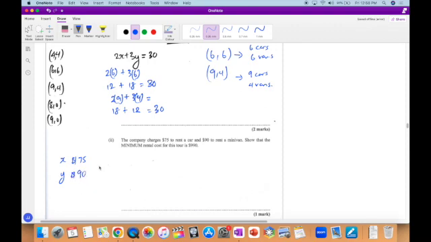So that means $75 per vehicle plus $90 per van.